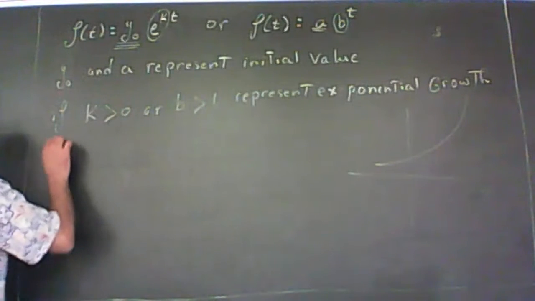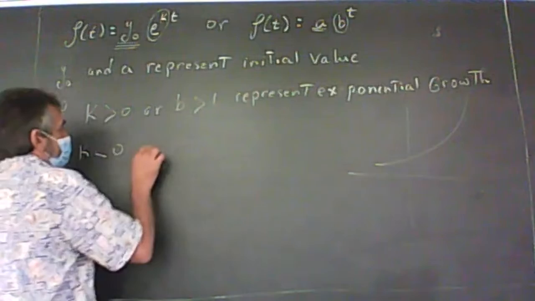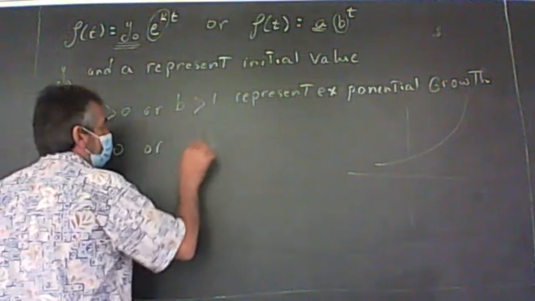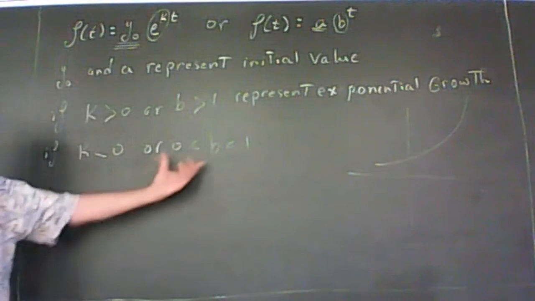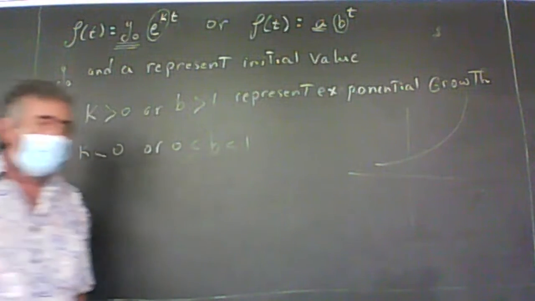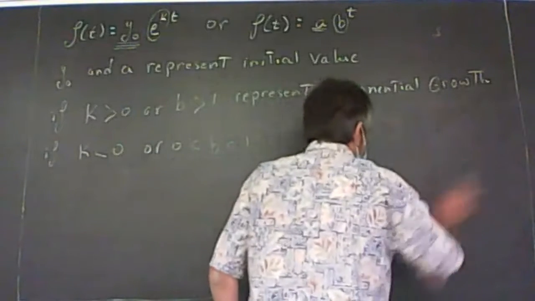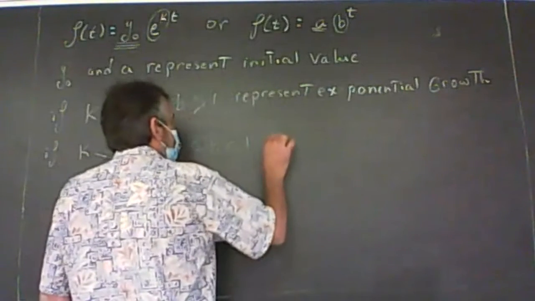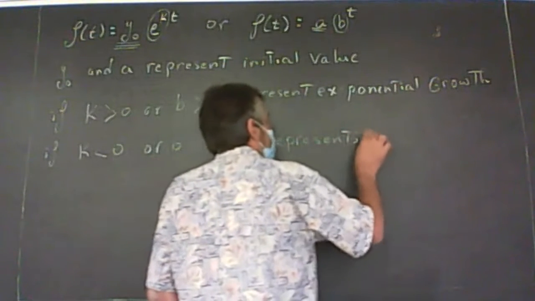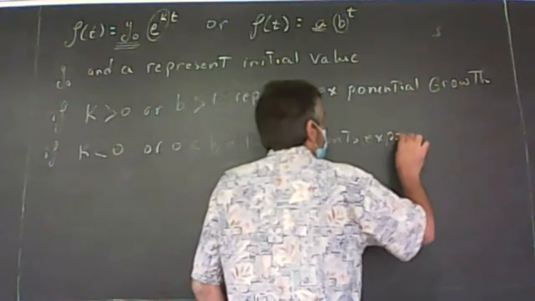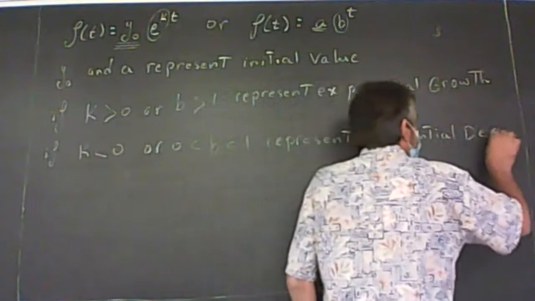If k is negative or b is between 0 and 1. Isn't that what we talked about last time, b between 0 and 1 for the equation? Yes? What do I have? This scenario represents exponential decay.